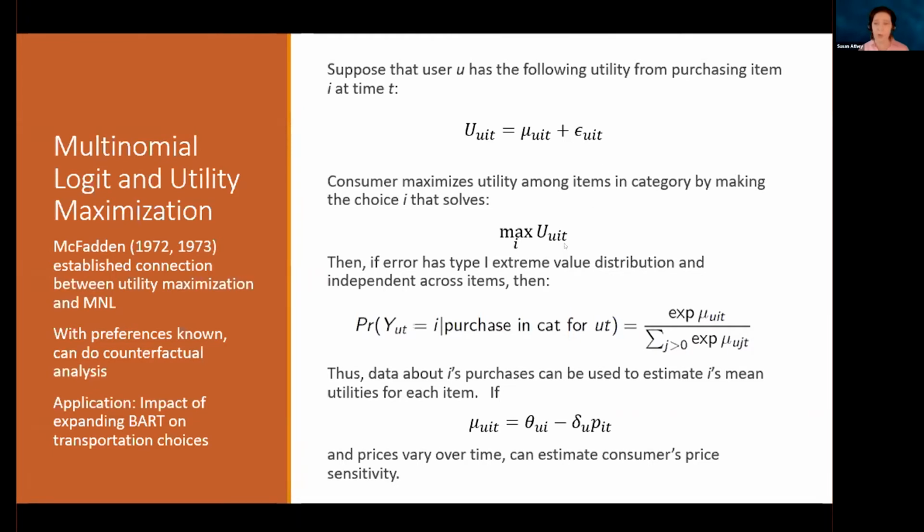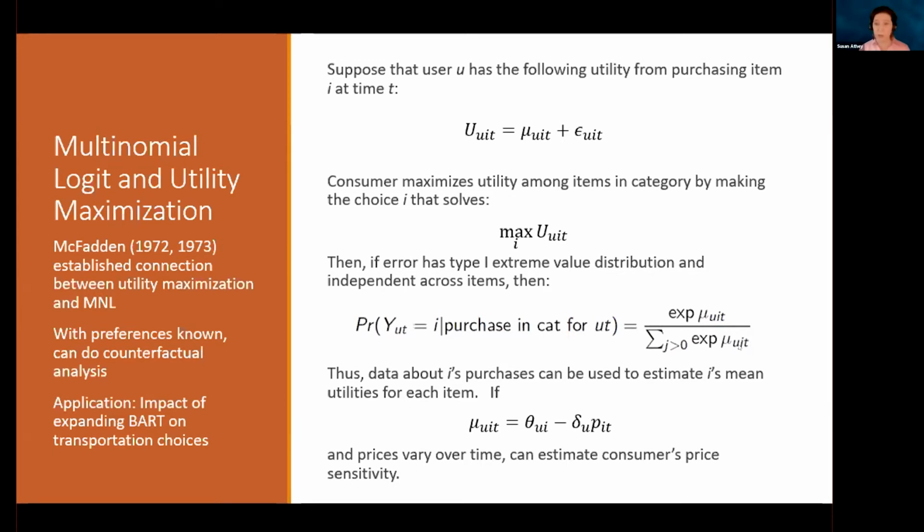And so the insight from Dan McFadden in the early 1970s, for which he won a Nobel Prize, was that if those errors have a particular functional form, if they're type 1 extreme value or Gumbel, and you assume that consumers make choices to maximize utility, then the probability that consumer U at time T makes choice I can be represented with this nice little functional form, which is e to the mean utility divided by the sum of e to the mean utilities of all of the items.